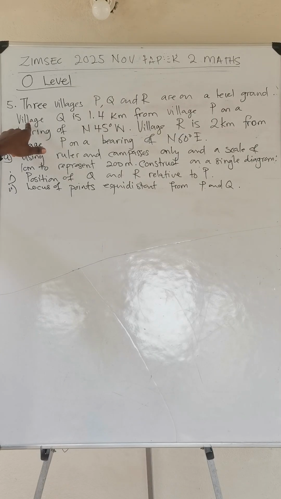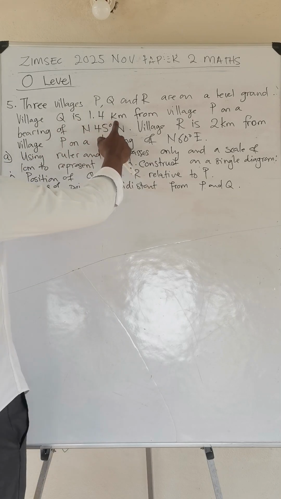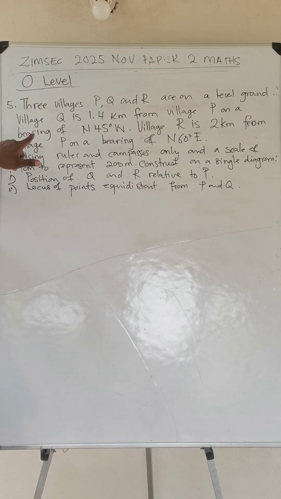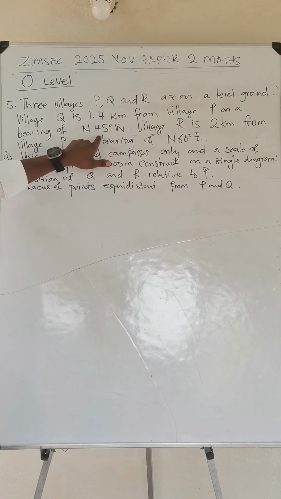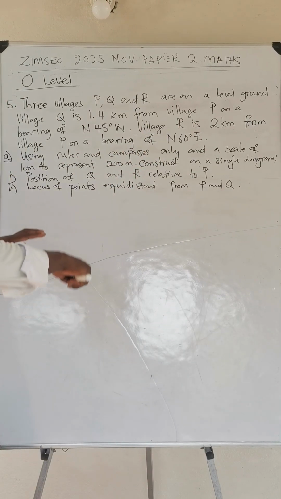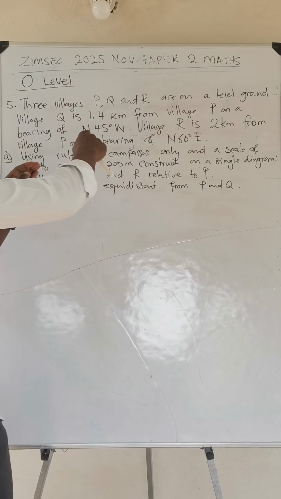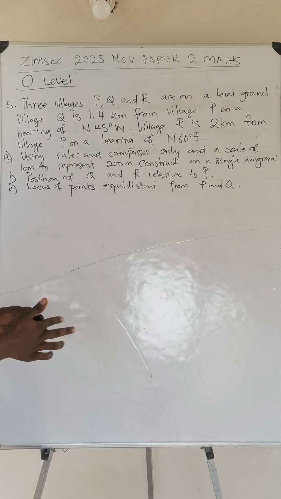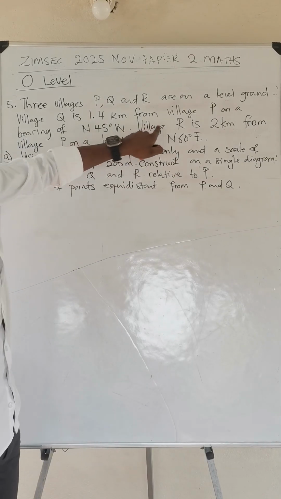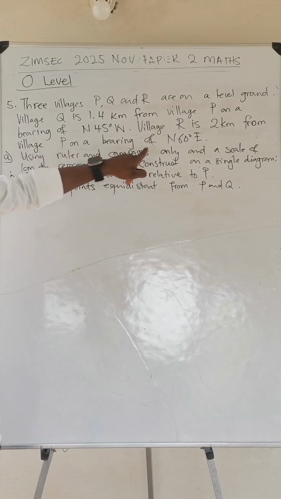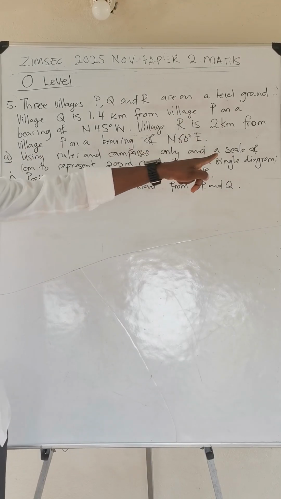Village Q is 1.4 kilometers from village P on a bearing of north 45 degrees west. It means the village is in the northern direction but 45 degrees west. Let's proceed. Village R is 2 kilometers from village P on a bearing of north 60 degrees east.